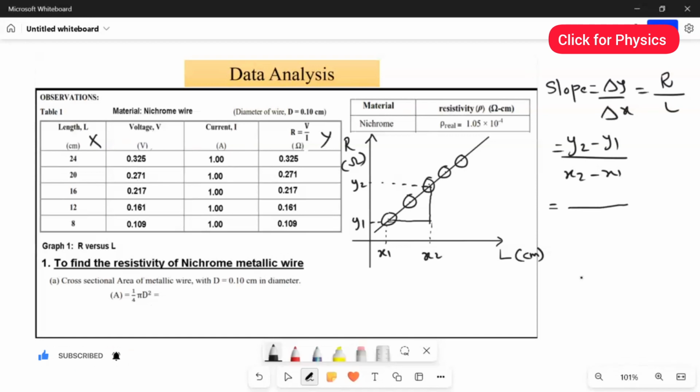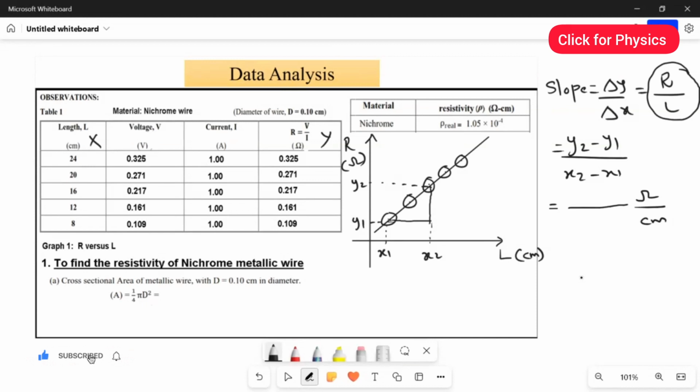And what's the unit for the slope here? So the unit for the slope here is resistance over length. The unit for the resistance is ohm, and the unit for the length here is centimeter. So that means the slope value is exactly equal to R over L. Now, what we have to do, we have to find the value of the resistivity for nichrome wire.